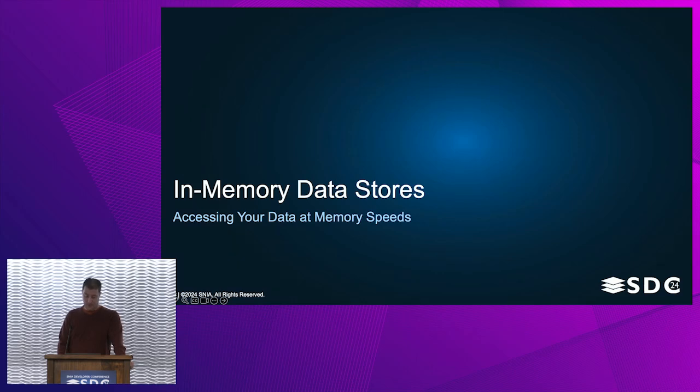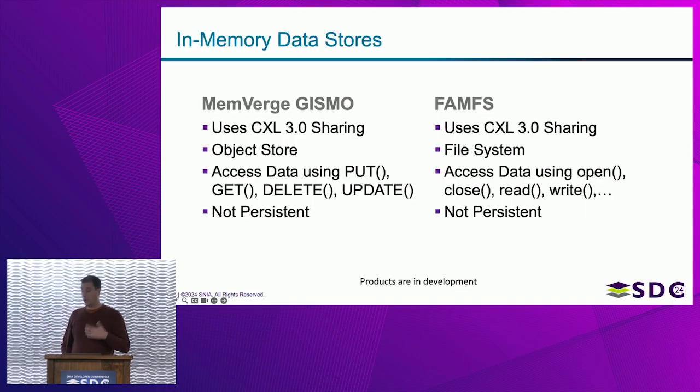So I mentioned at the top of the talk data stores. Where could I store my data? Obviously, everybody here is focused on storage, which is great, and that's the persistent way of doing it. But there are 2 projects currently, one open source, one ours and proprietary, that store data in memory using CXL shared memory.